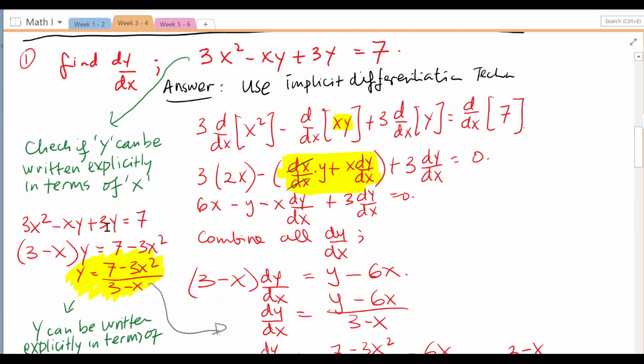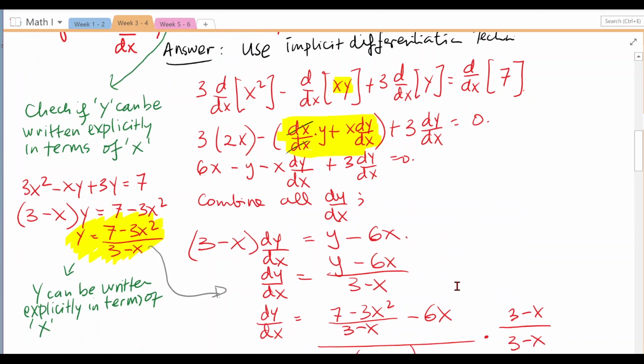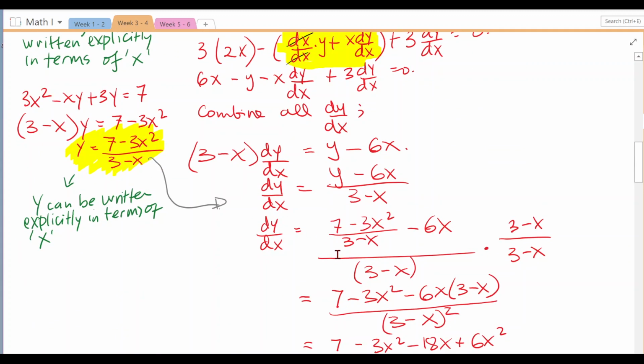By doing rearrangement, we have 3 minus x times y equals 7 minus 3x squared, and therefore we have y equals 7 minus 3x squared over 3 minus x. So we can then substitute this expression, the value of y as a function of x, into this dy dx. Okay, so that's what I'm doing here.